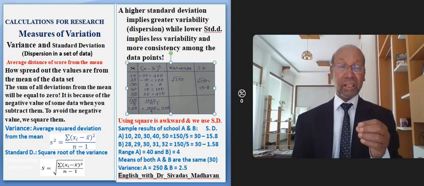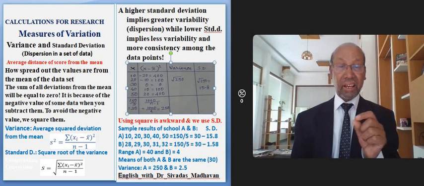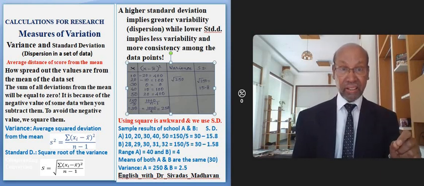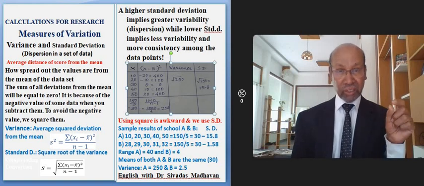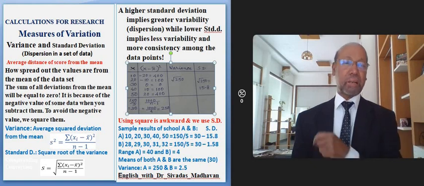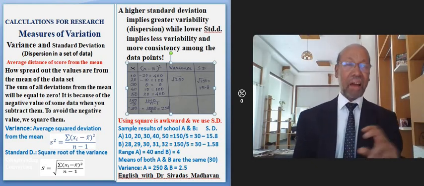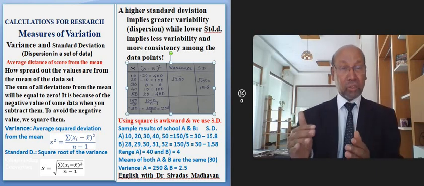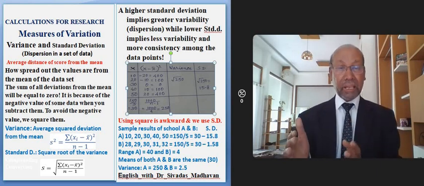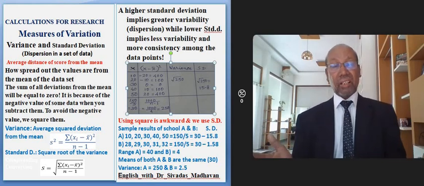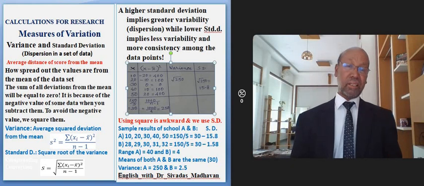So mean, or x bar, is sigma x by n. X refers to the data points, n refers to the number of data points. So that is the average, or the mean. So from a particular data set, from the mean, how far the other data points are spread out, that is what is called dispersion.